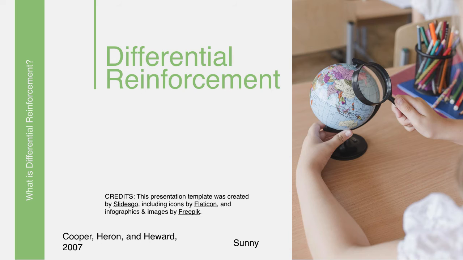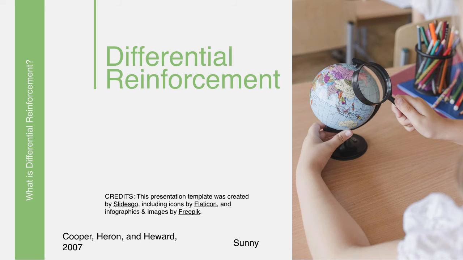The withholding of the reinforcement to the other response class is our extinction process. Each one of these will provide reinforcement contingent on either the occurrence of a behavior other than the problem behavior or the problem behavior occurring at a reduced rate. It also withholds reinforcement as much as possible for the problem behavior, which is the extinction process.